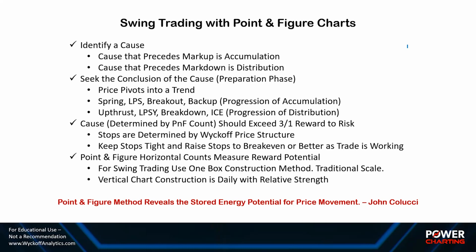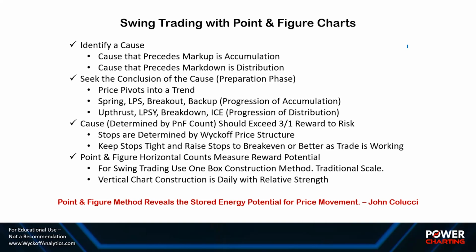We are seeking the conclusion of a cause because in swing trading, we want to capture the essence of the move right when it's emerging out of a hinge, a pivot, going from a trading range listlessness into a movement, into a trend. These we look at and we call price pivots.